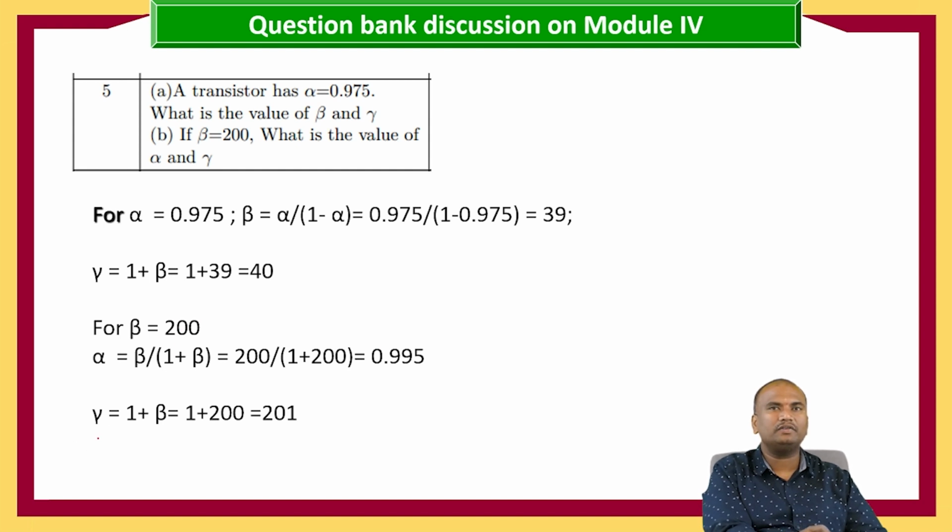Now the gamma value is equal to 1 plus beta, which is equal to 1 plus 200, which is equal to 201. This is the gamma value which we got for the given beta value.